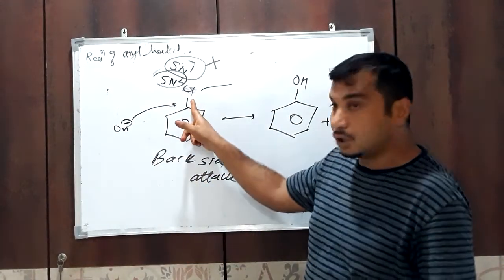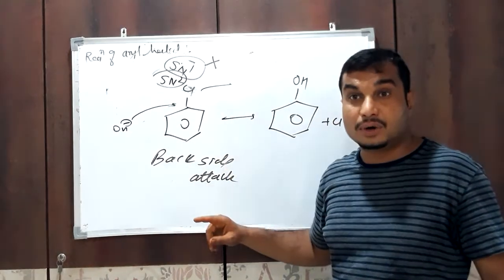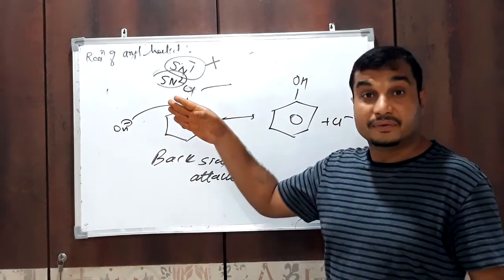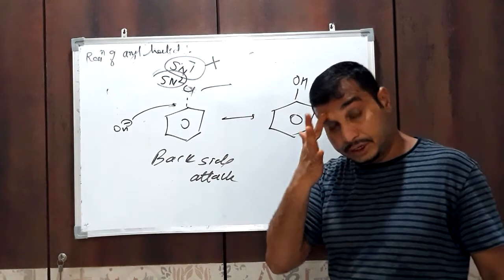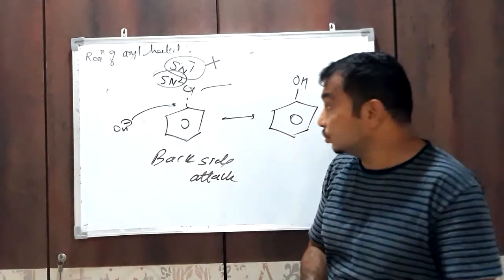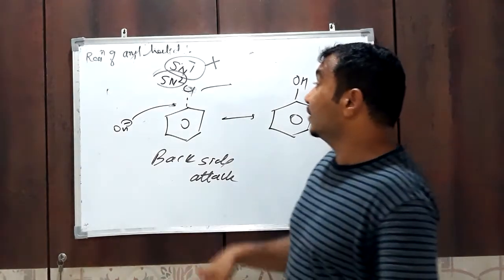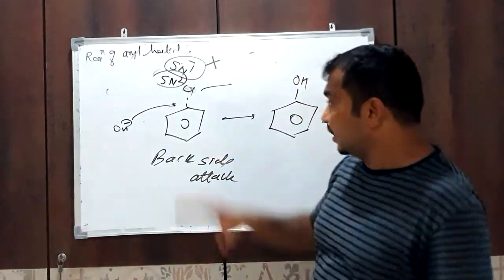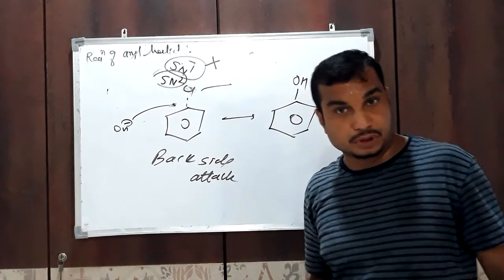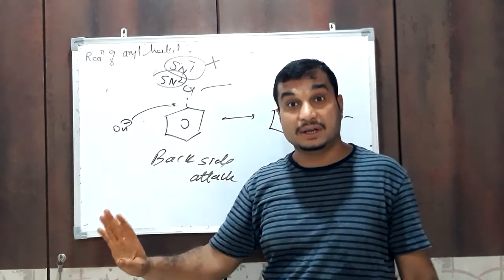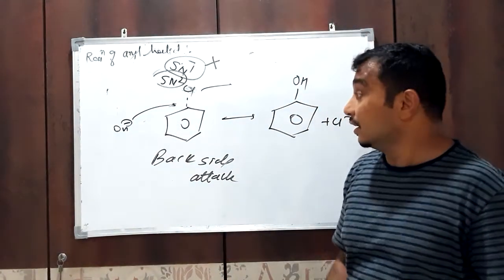This bond is strong, that's why a high amount of energy is required to break it. So easy breaking of this bond is not possible, and so nucleophilic substitution is not possible. Again, if we consider SN1, that is also not possible, because the carbocation is highly unstable and will not form very easily.